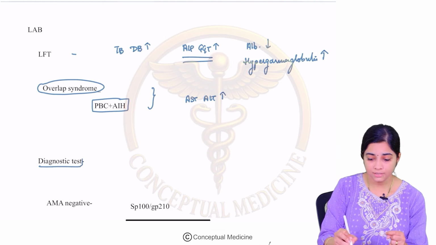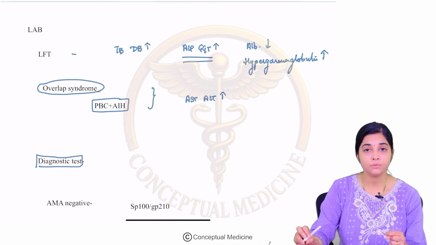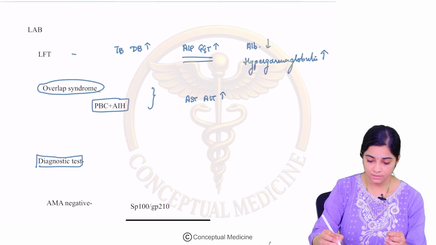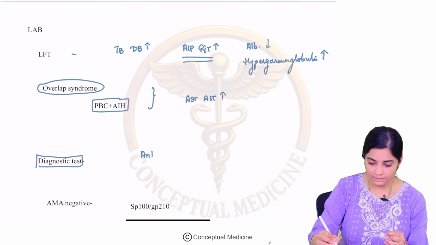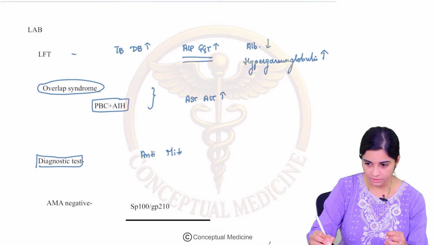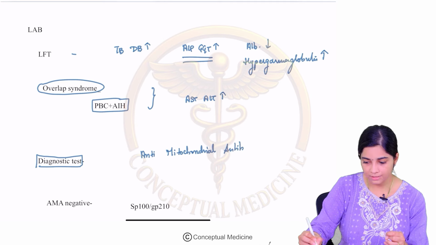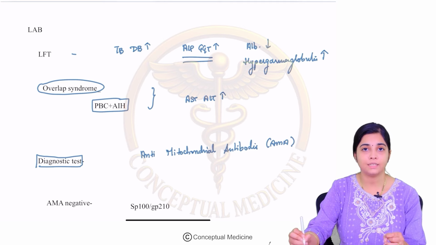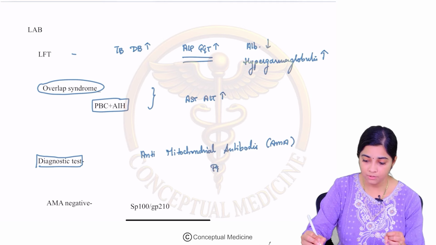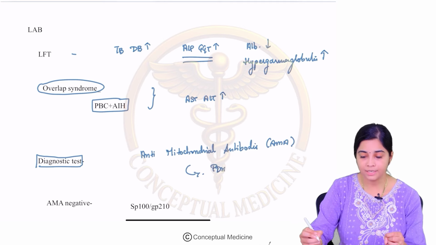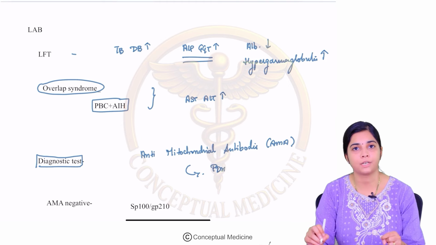The diagnostic test which is used to clinch the diagnosis is the presence of your anti-mitochondrial antibodies. These are also called your AMA. These are antibodies which are directed against what? Against the pyruvate dehydrogenase system in the mitochondria. Okay.